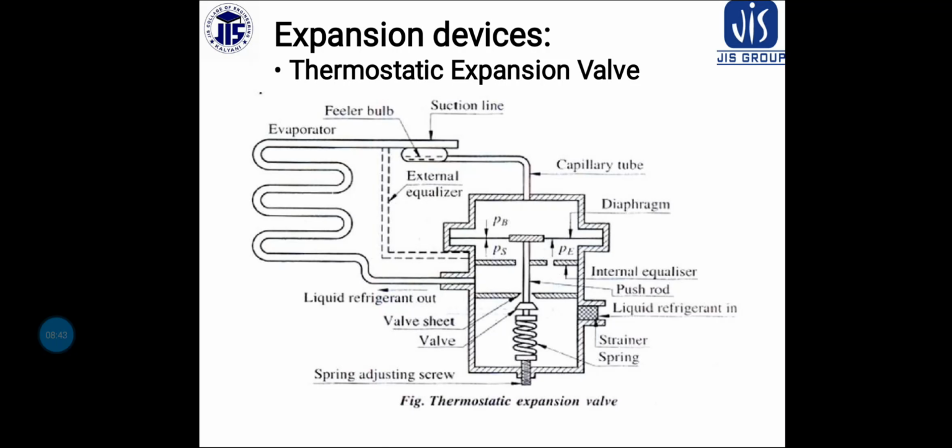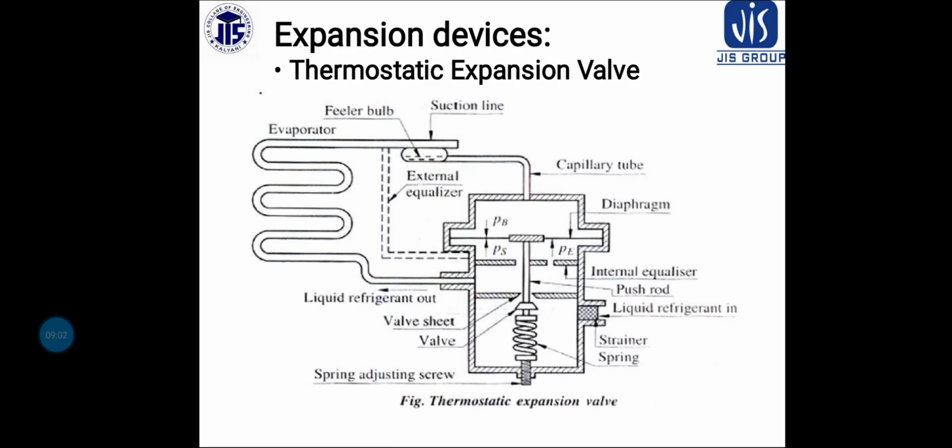Let us discuss. A thermostatic expansion valve is a throttling device which works automatically, maintaining proper and correct liquid flow as per the requirement of the load on the evaporator.